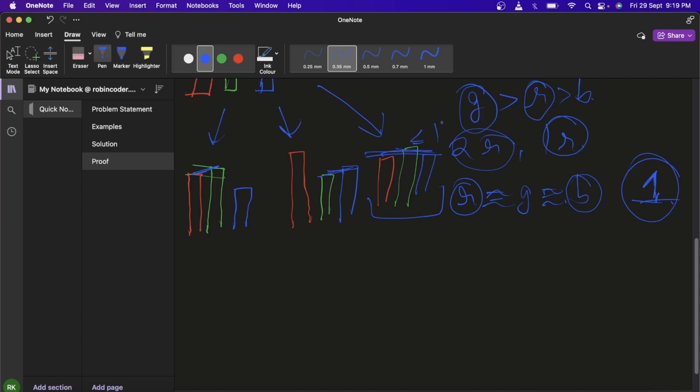So whenever we reach this condition, we will start taking one balloon from each of the colors, and we will do this until there is one color which is 0.